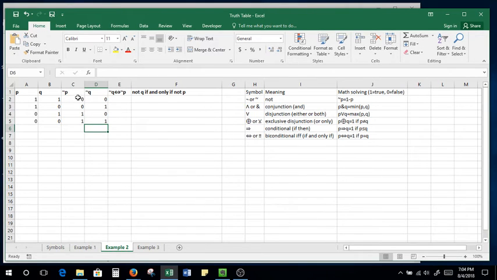Okay, and again we're looking at the not columns. So this means not Q if and only if not P. So if we recall our if and only if, that's going to be when these are equal to each other.